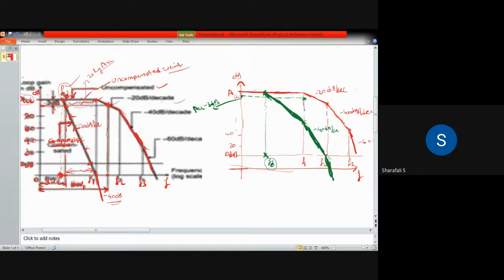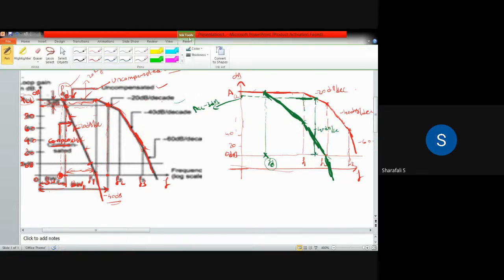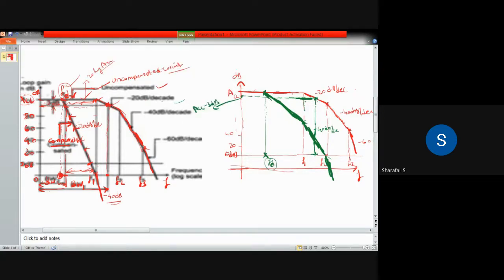So this point is the corner frequency, where you have a minus 3 dB gain.